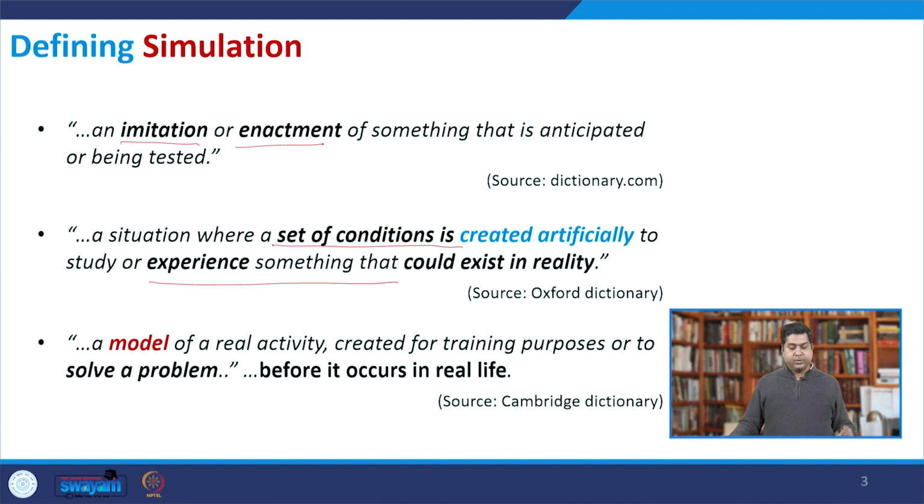We create a situation where a set of conditions is created artificially. It may be a built environment, or based on data we do the simulation for a traffic network, or it can be a flood simulation as I already mentioned.